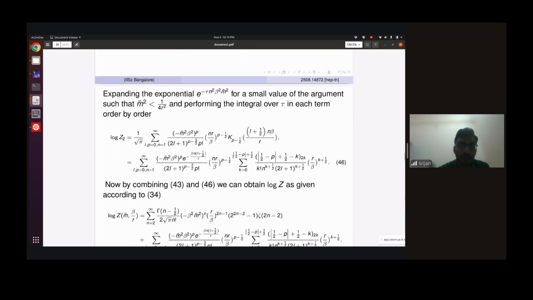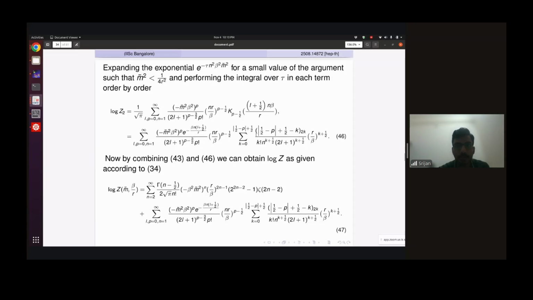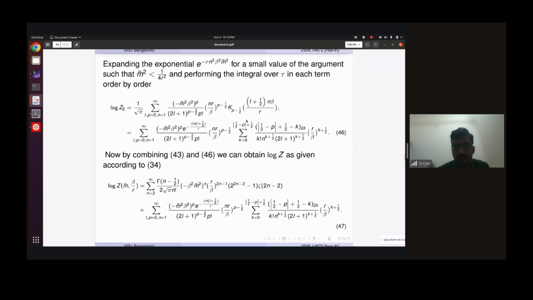This modified Bessel function is of half-integer order, because p is an integer, so p minus half is a half integer. So this always admits a truncating series representation with a finite number of terms. Thus we obtain a small r by beta expansion for this log z.